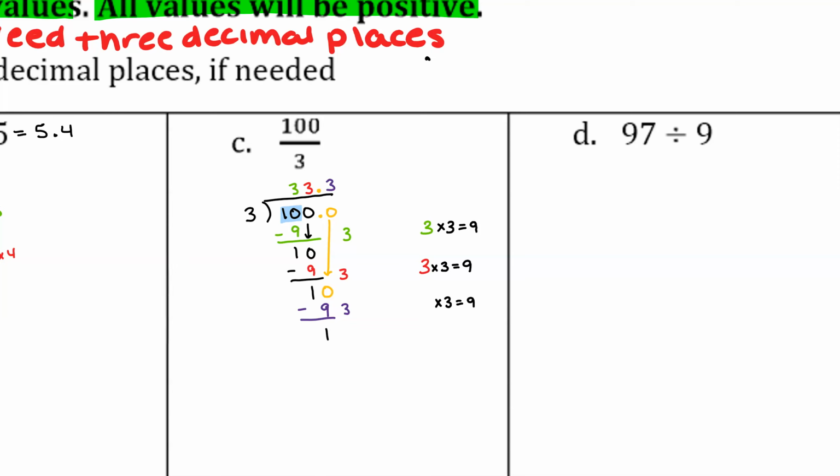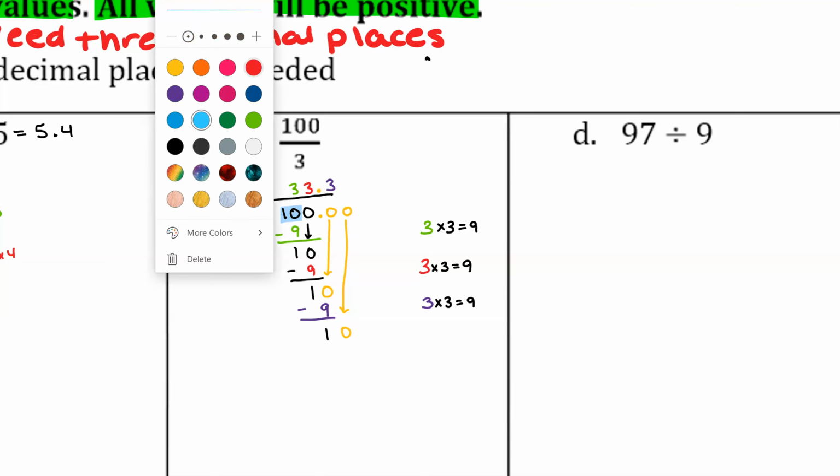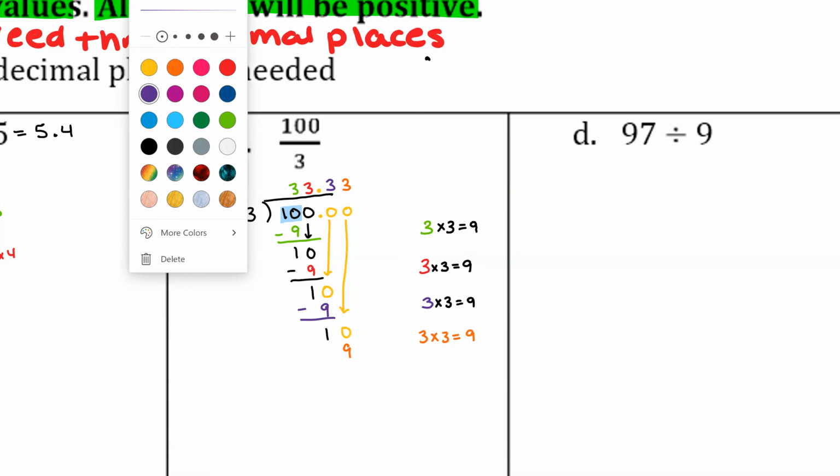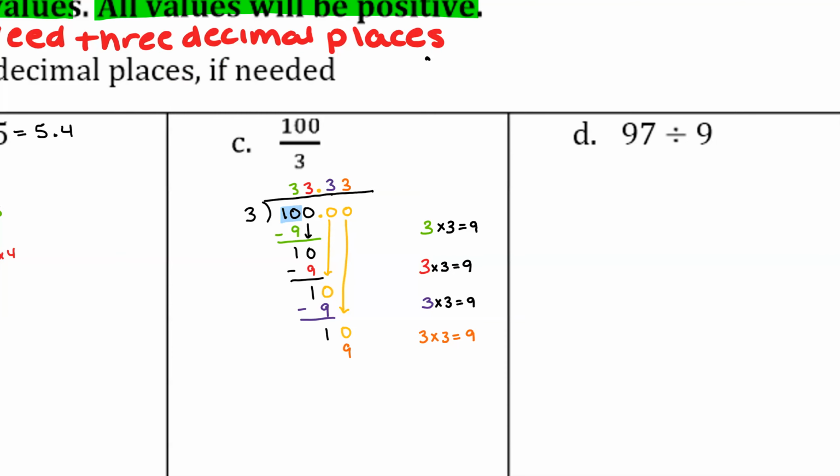Okay. So now we've got to add another 0 to bring down. I'm going to give out another 0 here, and bring it down. I get 10 again. So I'm like, what do I times 3 by to get close to 10? Well, times by 3. So 3 times 3 makes 9. 9 goes downstairs. 3 goes upstairs. So now I need 3 decimal places.